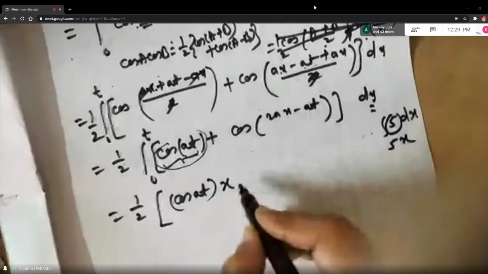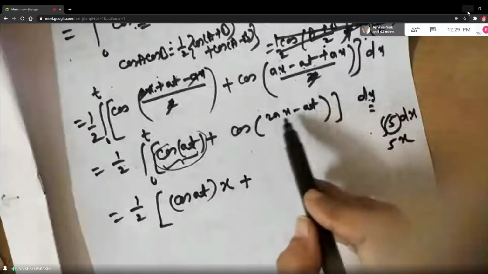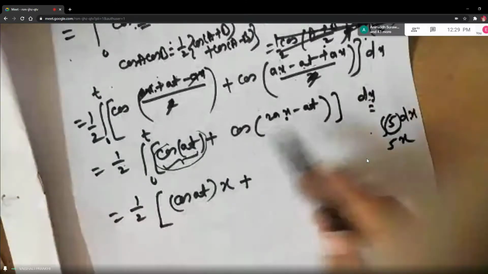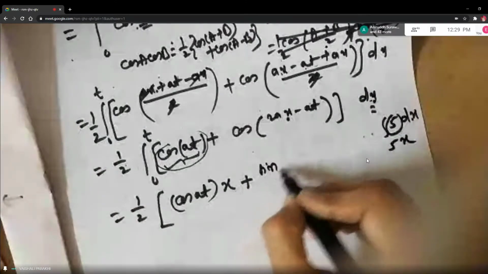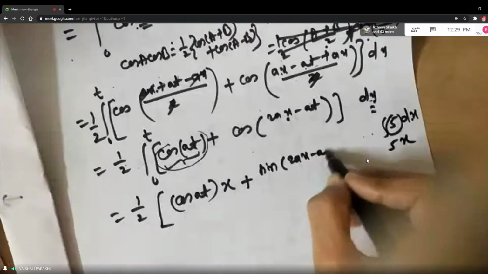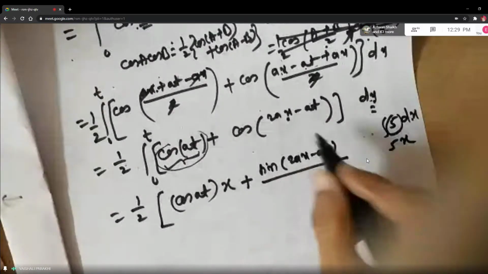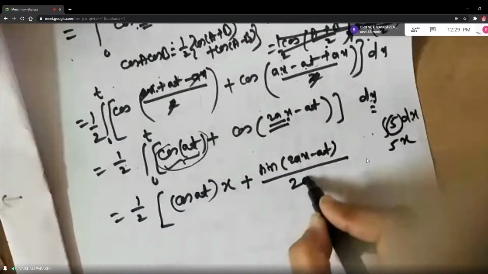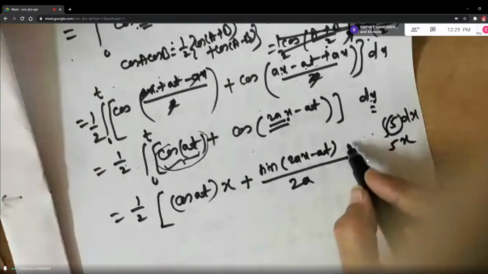Okay? Plus. Now in this integral, there is a term in x. So you cannot say that this full thing is a constant. So the integral of cos is sine of 2x minus 80 divided by the coefficient of the variable. What is the coefficient of the variable here? 2a.